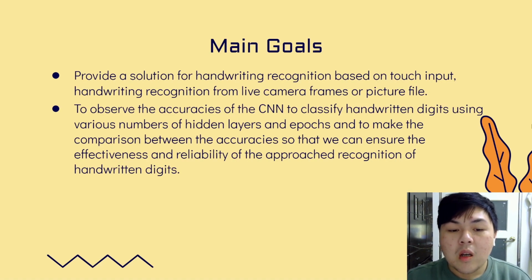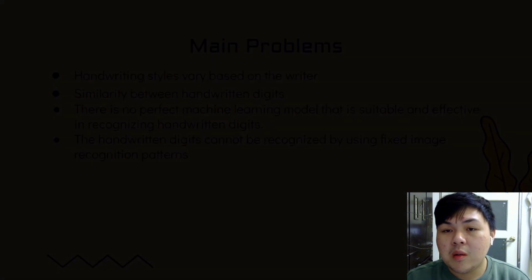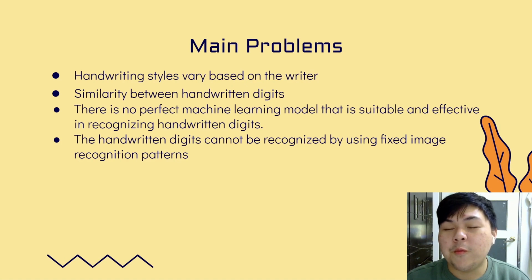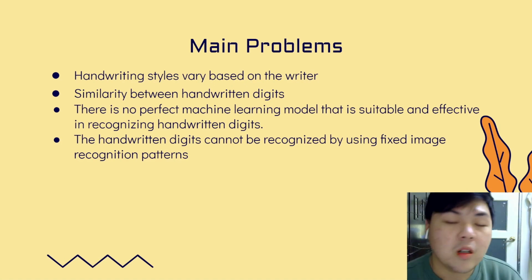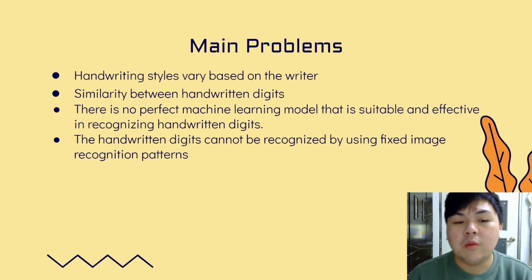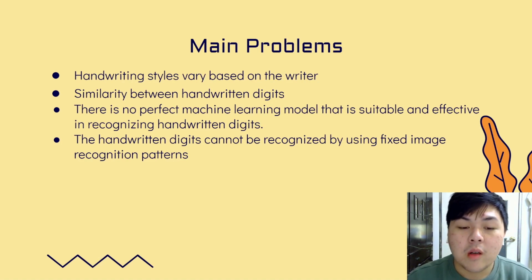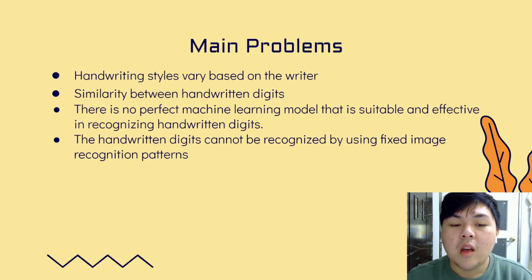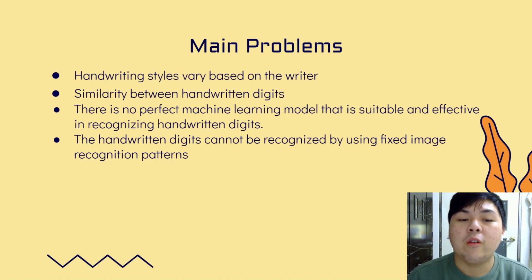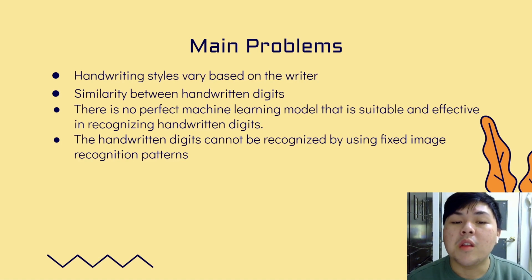We also have some problems with handwritten digit recognition. The first one is that handwriting styles vary based on the writer. It is usually very difficult even for a human to recognize handwritten digits because of the significant difference in handwriting styles.